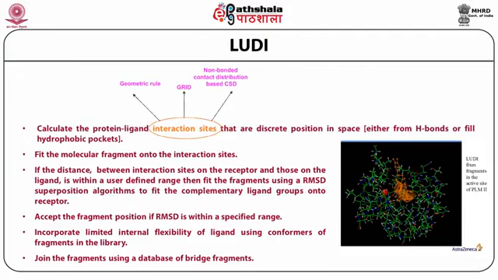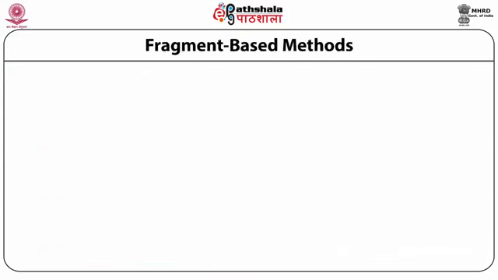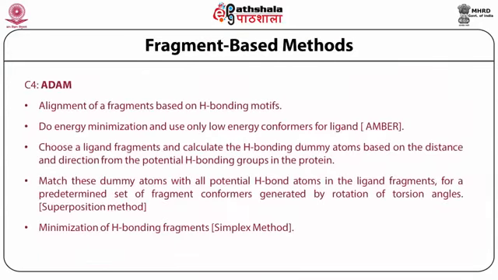All 3 are utilized in this Ludi method, and then it joins the fragments, using chemist knowledge, and builds the whole molecule. Alignment of fragments is based on hydrogen bond motif. This is a very interesting proposition, and it actually worked, but Ludi would be better than this because Ludi takes care of scaffold locking also.